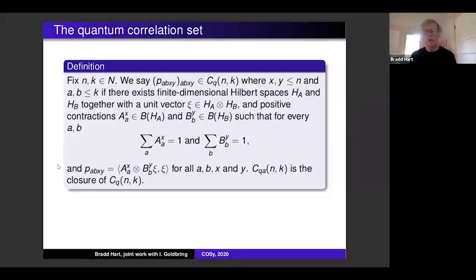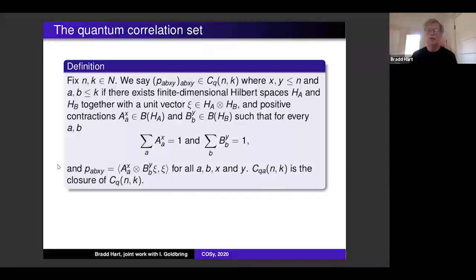And then you form the matrix. It's standard to write AB XY, but really the AX BY coordinate of this matrix is what you get when you compute this operator applied to this unit vector and take its inner product with the unit vector. So you compute the value of the state at this operator, and this gives you a number in the interval 0, 1.